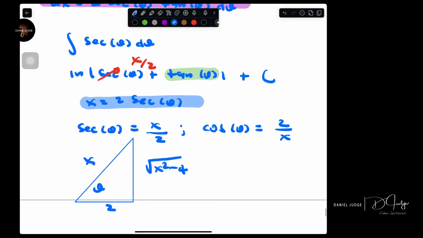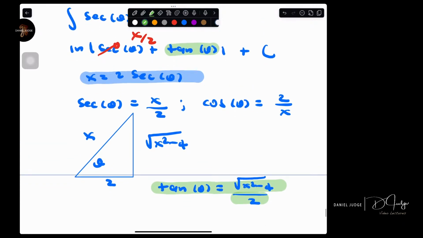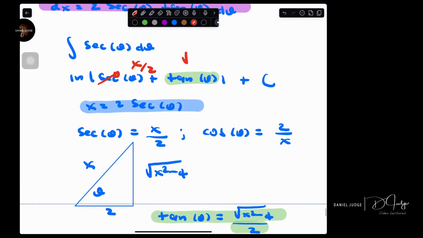Since we need tangent, tangent is opposite over adjacent. There's my tangent function. So we replace that tangent with square root of x squared minus 4 over 2.